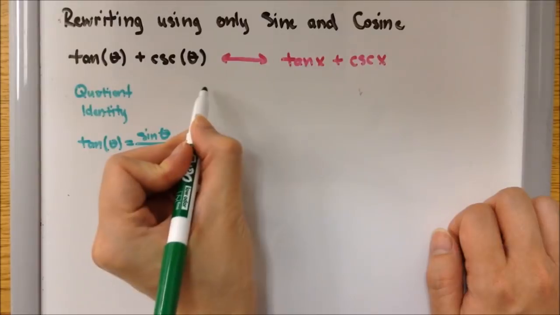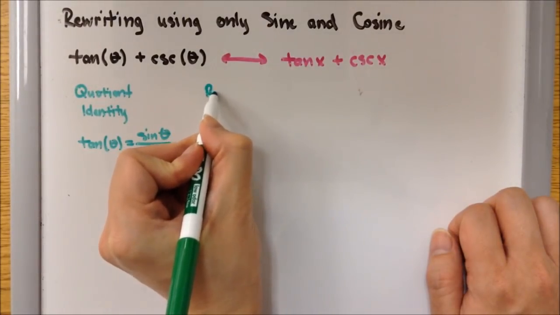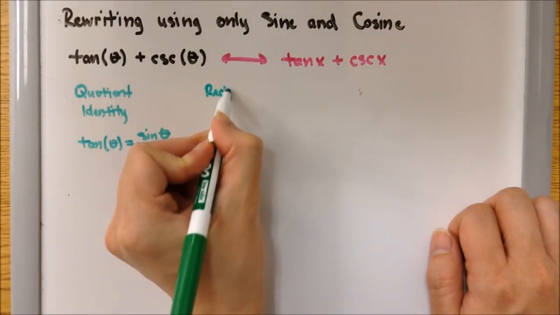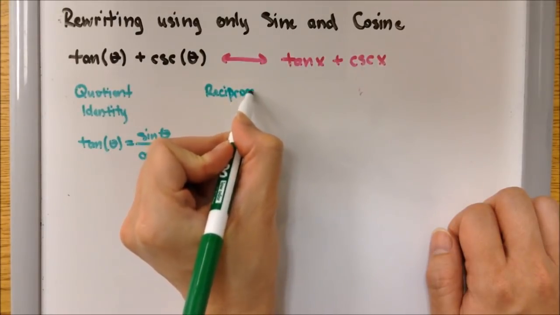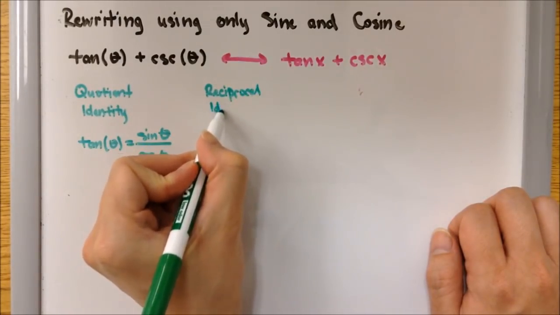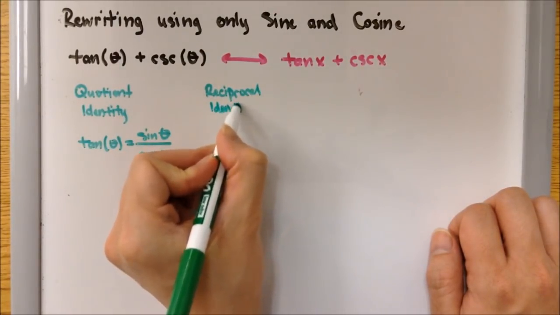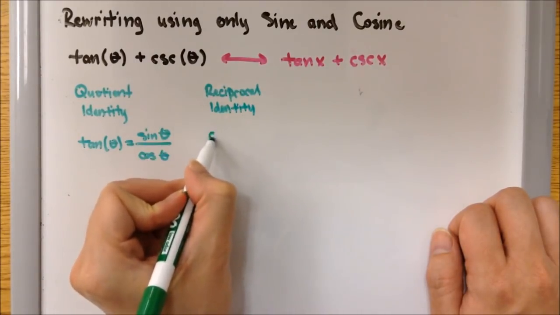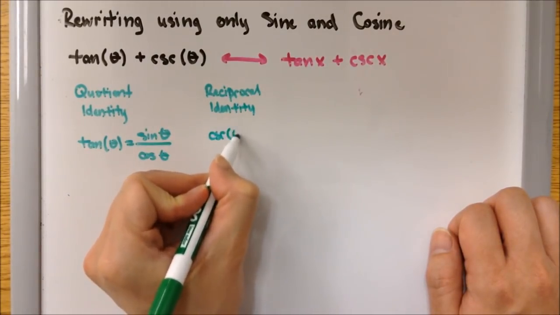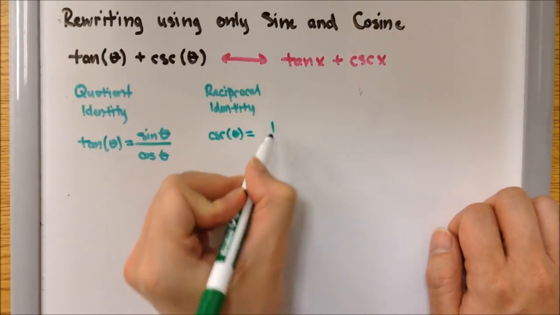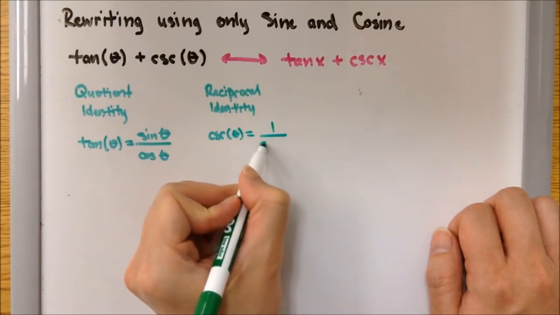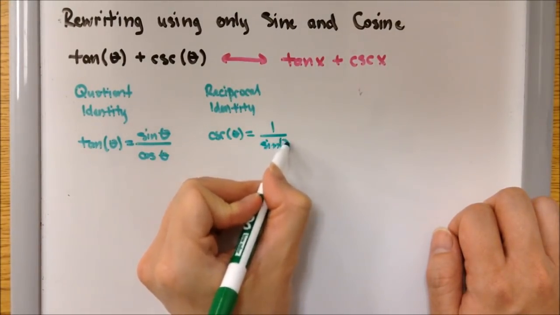Then here I would use the reciprocal identity for cosecant. So cosecant theta is 1 over sine theta.